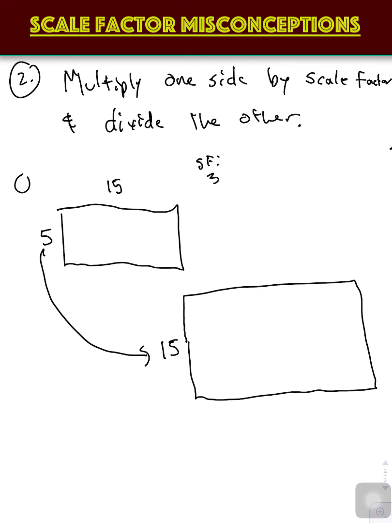They went from the original to the new. But on the way back, for some reason, instead of going from the original to the new, this time they go the other way and say, well, what times 3 equals 15? And they get 5 for this side length. On this problem, they end up actually flipping them exactly.